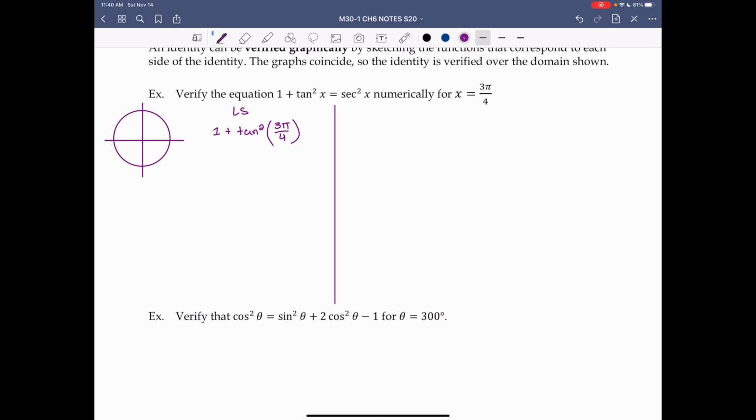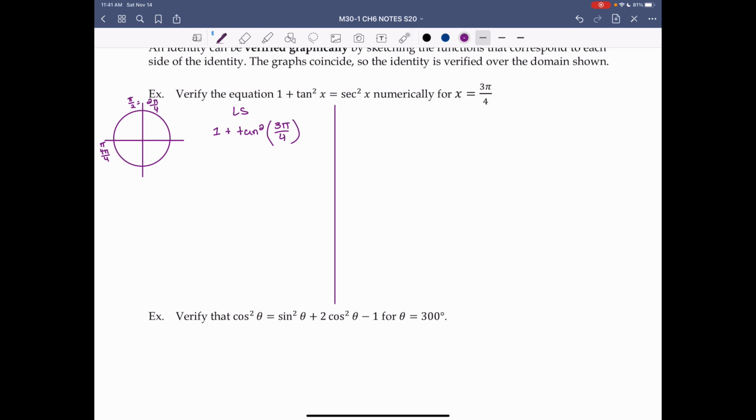We can't simplify that, so we have a denominator of 4, which means our reference angle is pi over 4. And this terminal arm would be in quadrant 2, since the positive y-axis is pi over 2, which is equivalent to 2 pi over 4. And then the negative x-axis is pi, which is equivalent to 4 pi over 4.